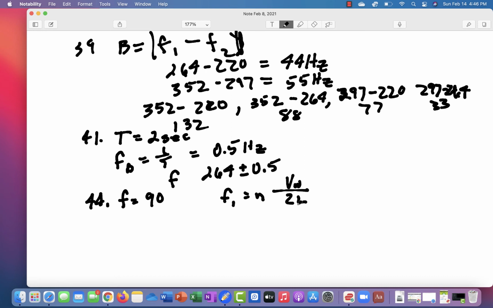Now, that means you know that 90 is equal to 1 times the velocity of sound over 2L. If the velocity of sound remains constant and you put a 2 in here, then this 2 cancels this 2, so the next fundamental is going to be 2 times this. And so it's going to be 180 hertz.